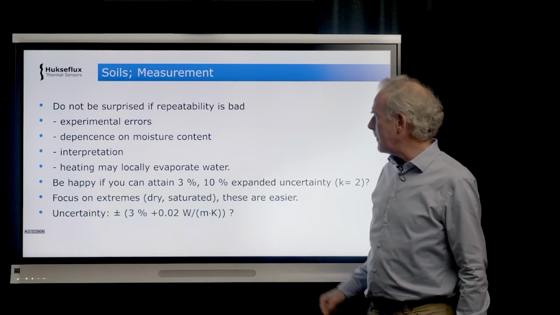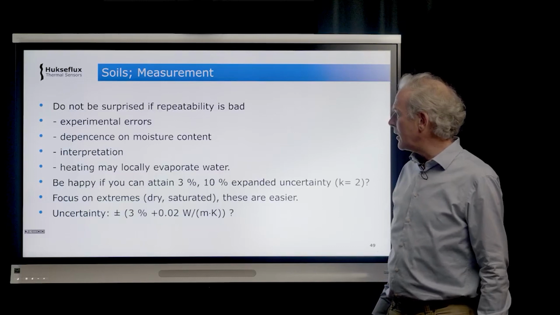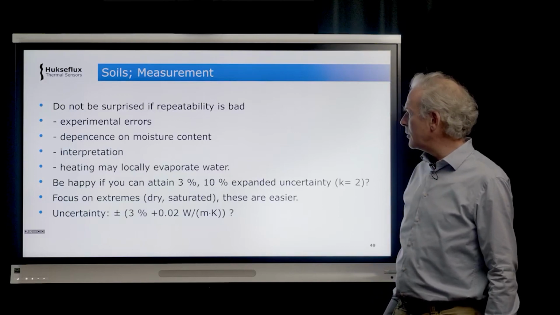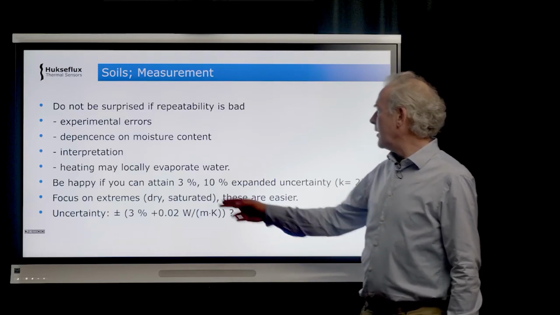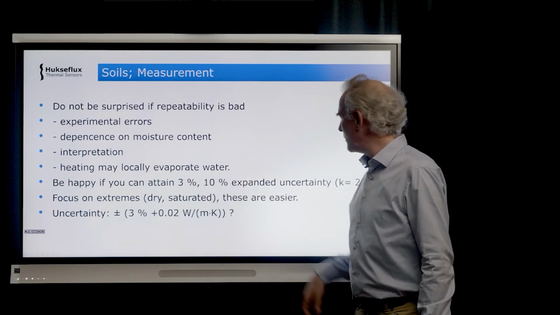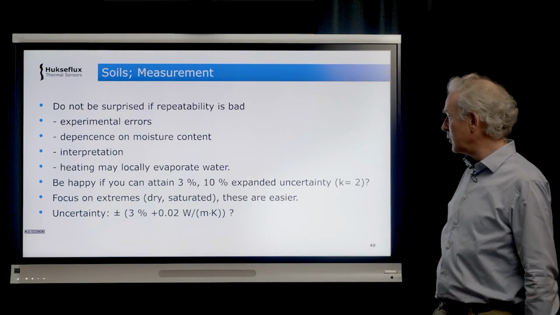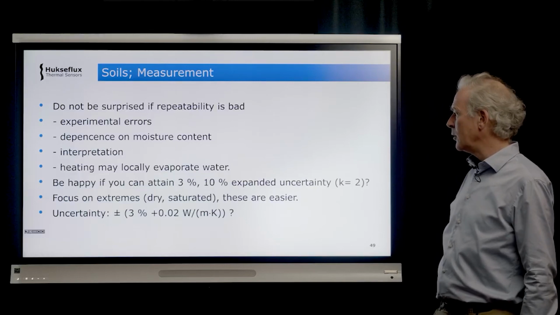Overall, it is not easy to claim high accuracy in soils. If you attain an accuracy somewhere between 3 and 10%, you should be happy. In some cases, you can do better.